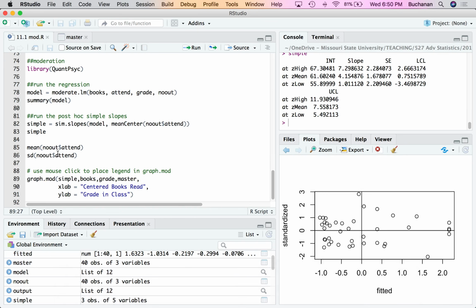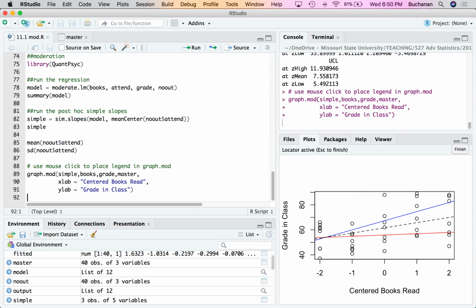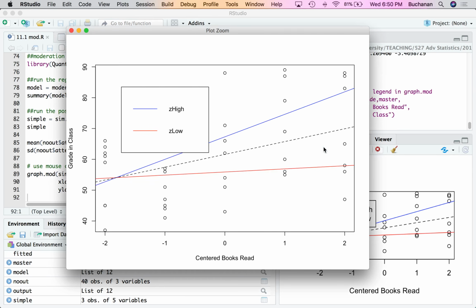What you want to do is then put in centered so that people know that the scores are centered, so when you see a negative score, you're not surprised. Number of books read, and YLab is what grade we made in class. So we're going to run that. And then what you do is click somewhere on the graph to put in the legend. Now here's one reason why I don't love this.